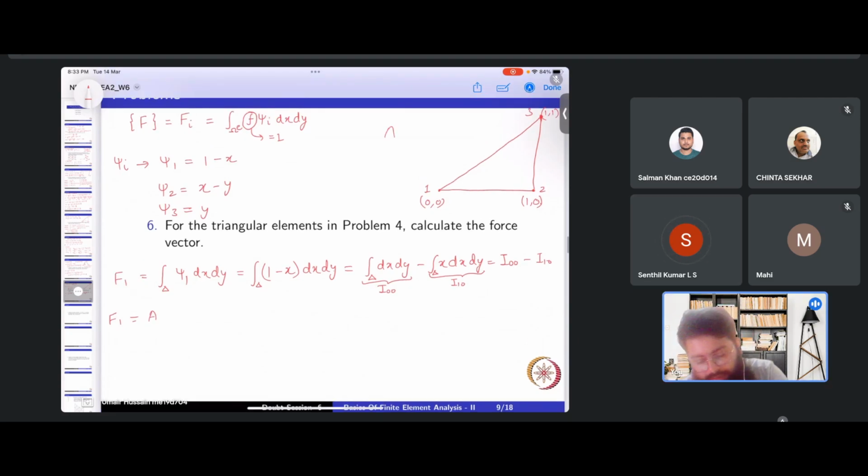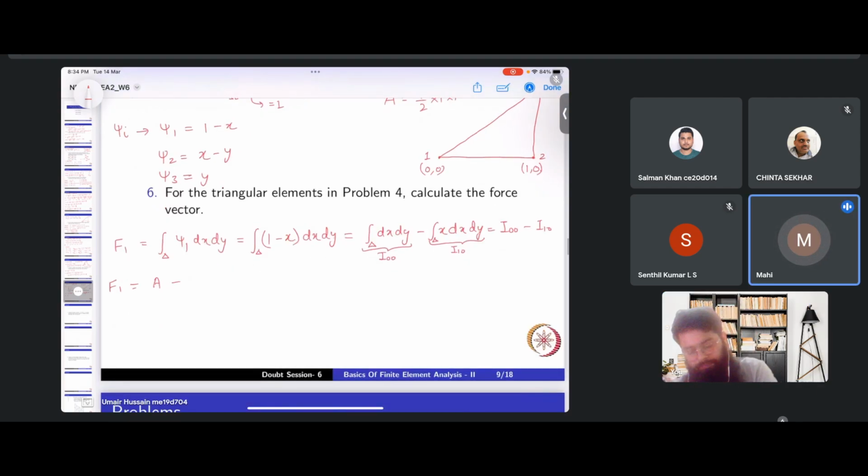So area of the triangle is, we have simple given base of 1 and height of 1. So it's 1 by 2. Sorry, it's only I00. We still need I10. I10 would be, anyone would like to guess? 1 by 2 times x1 plus x2 plus x3.